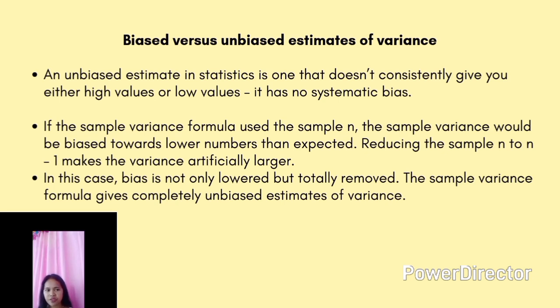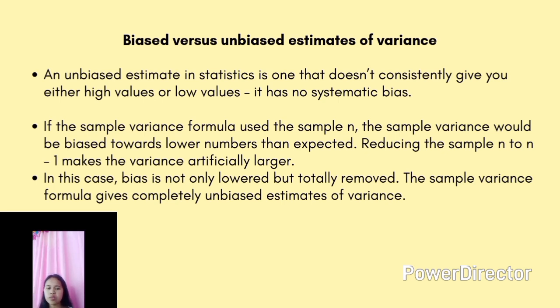Just like for standard deviation, there are different formulas for population and sample variance. But while there is no unbiased estimate for standard deviation, there is one for sample variance. If the sample variance formula used the sample n, the sample variance would be biased towards lower numbers than expected.